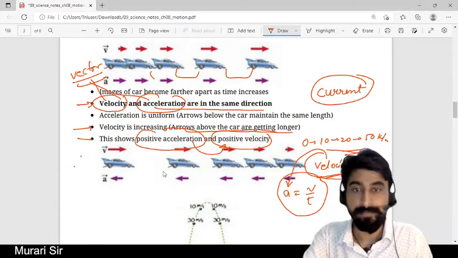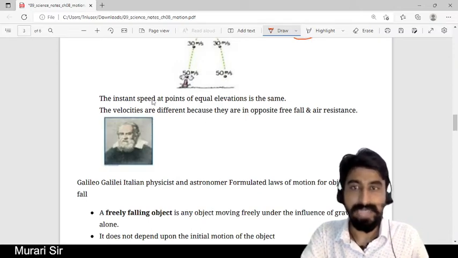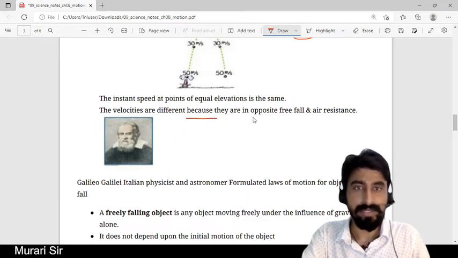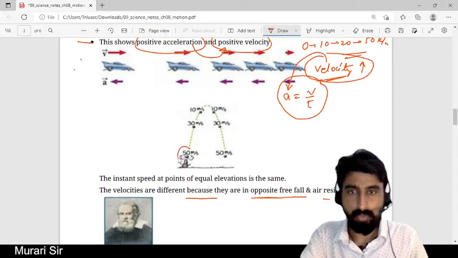Okay, perfect. Next. Here, the instant speed at a point at the same elevation is the same. The velocities are different because of the opposite direction, ignoring air resistance in free fall. Let's understand here. When a ball is thrown vertically upward, gradually its speed is decreasing.